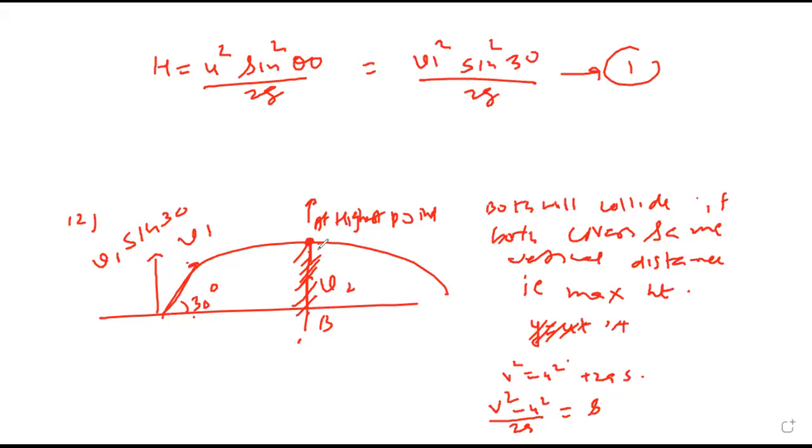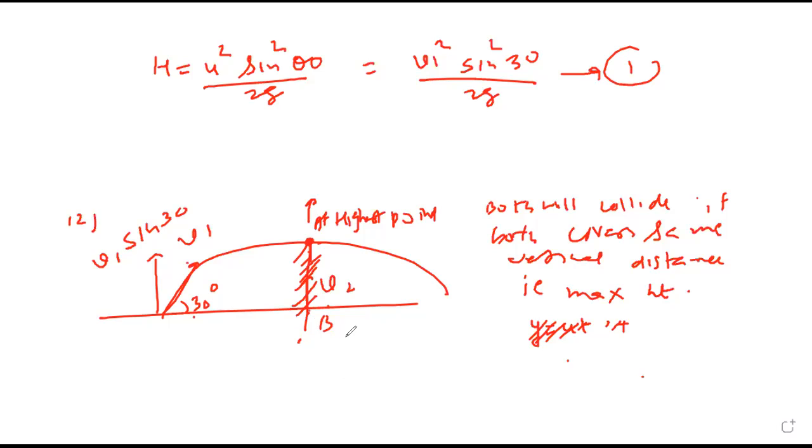And for the second body, which is thrown with v2, for the first one the maximum height we got is v1 square sine square 30 upon 2g.